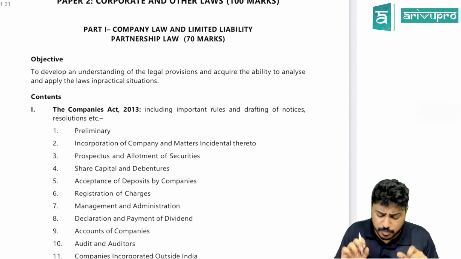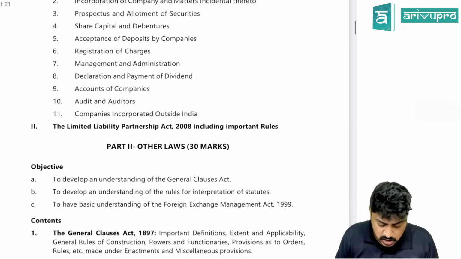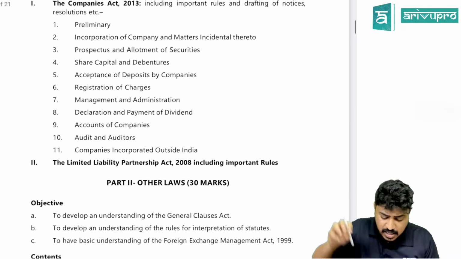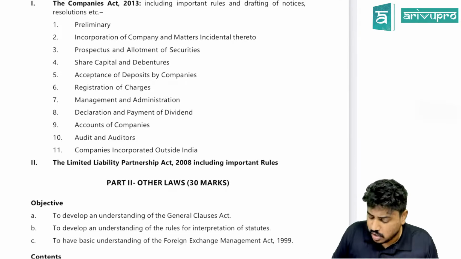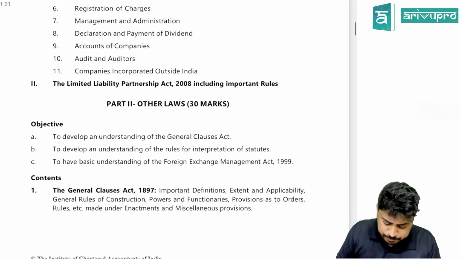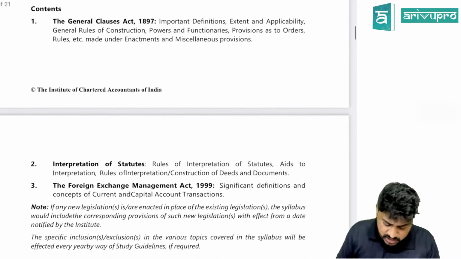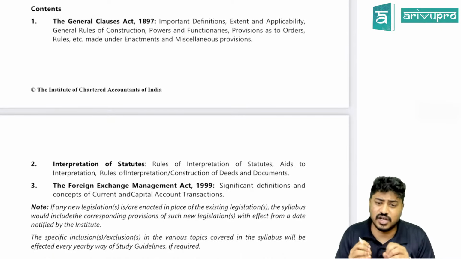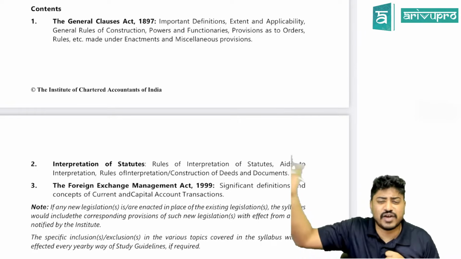Now, if you look into corporate and other laws, what are the changes? Certain company law portions of CA final have been brought here. Other laws, general laws, interpretation of statutes are similar. Foreign exchange management was a CA final portion.